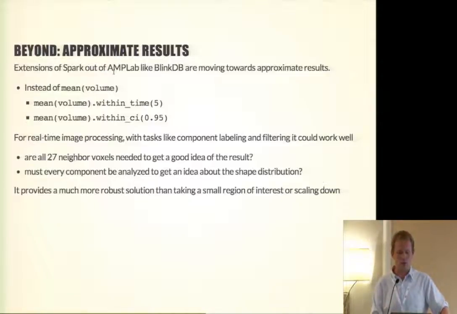It will give you a much quicker result without losing as much information, or you can control how much information you lose in your setup. And particularly for things like filters on images, if you're just trying to blur your image out, you probably don't need all of the neighbor pixels, you just need a couple of them. And so that would be a result that could be done very quickly without necessarily downsampling.